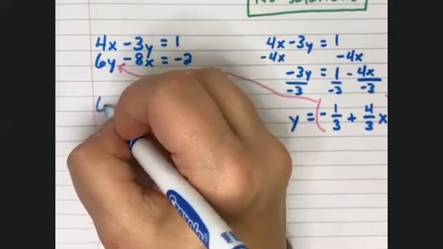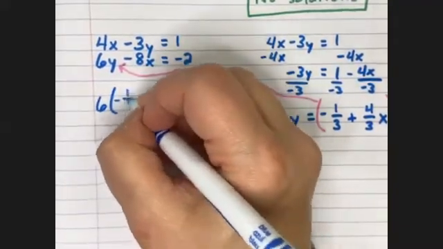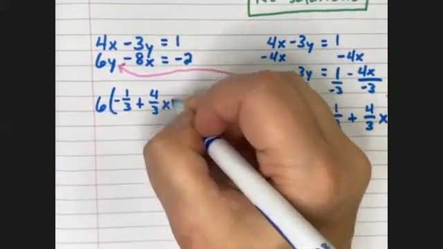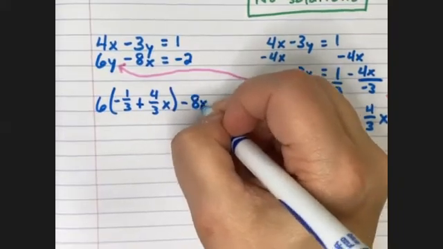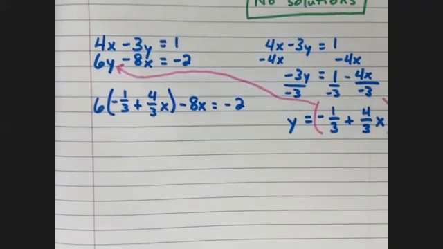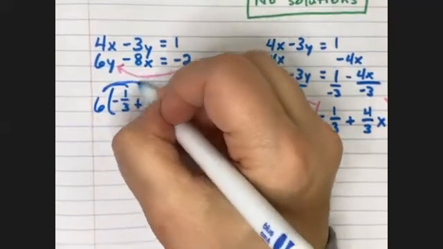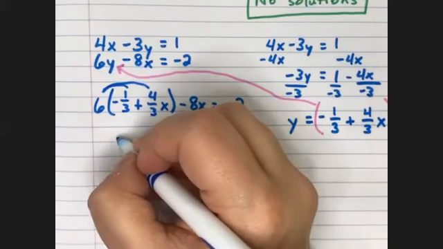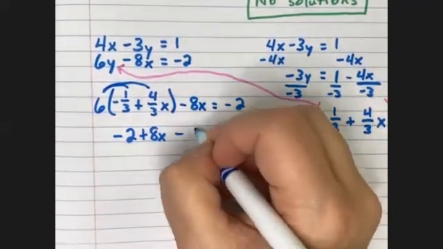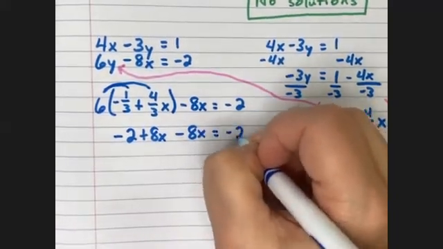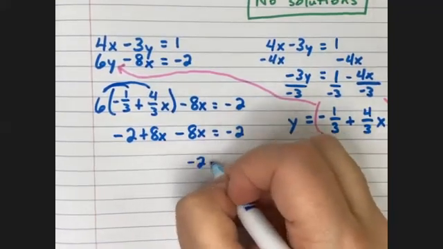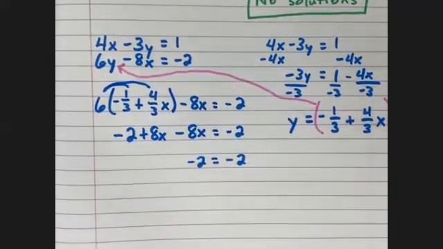And so I'm going to have 6, and then in parentheses, -1/3 plus 4/3 x minus 8x equals -2. So once I distribute, like I said, the calculator can do it just fine. I have -2 plus 8x minus 8x equals -2. The 8x minus 8x cancels, and I'm left with -2 equals -2.